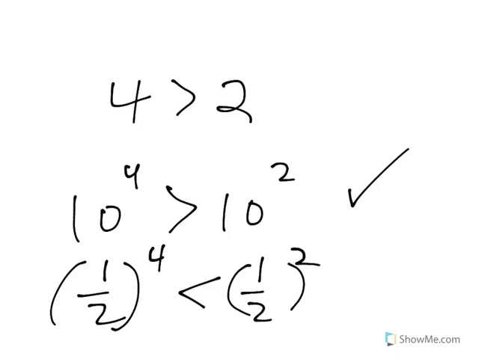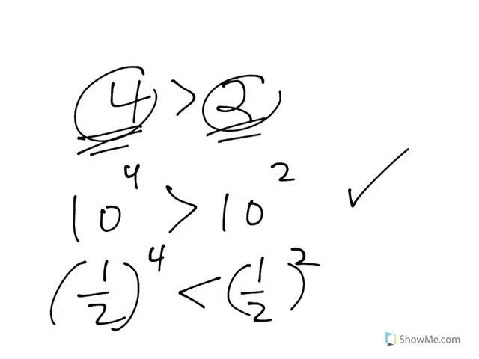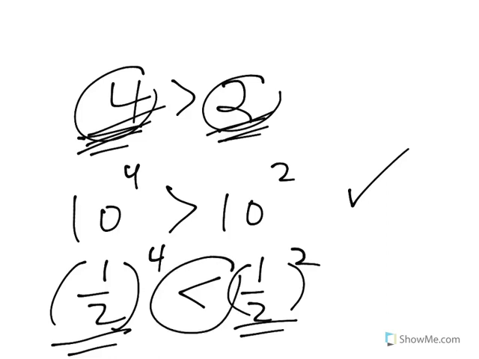So if I'm going to raise a number to each of the powers on the left and right hand sides of the inequality, and the base I'm raising to a power is less than 1, we have to change the direction of the inequality sign.